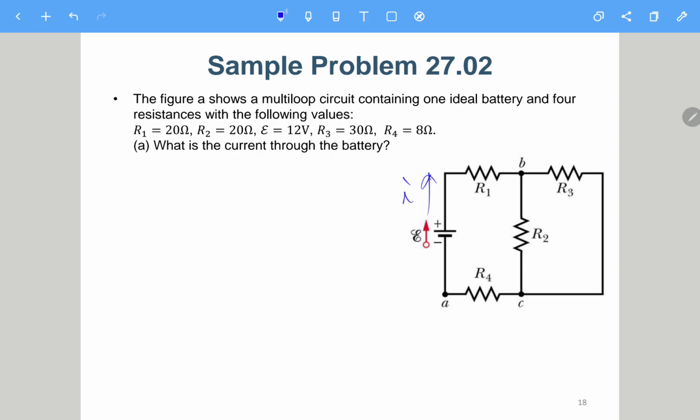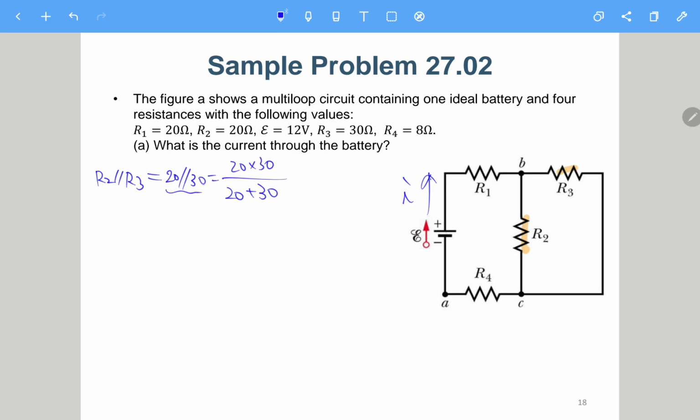This circuit is easy because we can see R2 and R3 are in parallel. So first of all, we can just calculate R2 parallel R3, which is 20 parallel with 30, which is 20 times 30 over 20 plus 30.